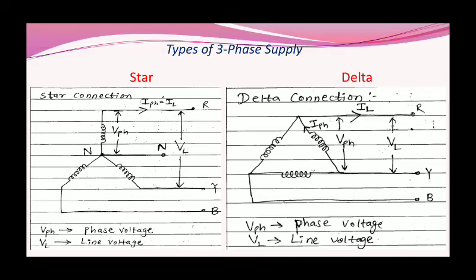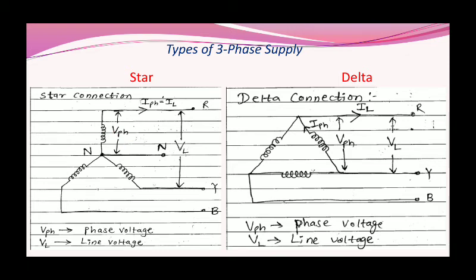As I said earlier, there are three live wires, 1, 2 and 3, and a neutral wire.